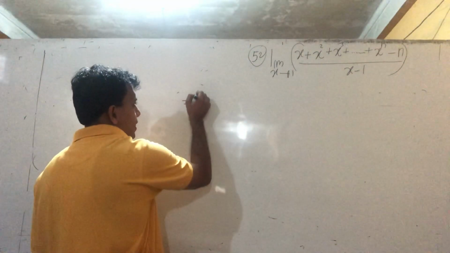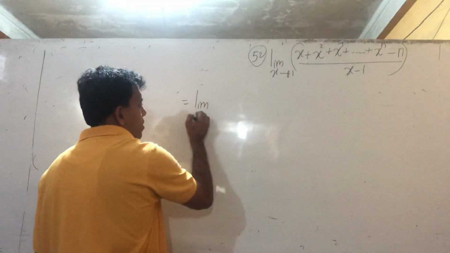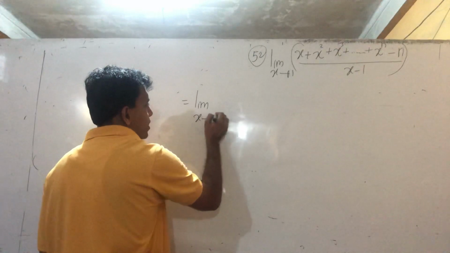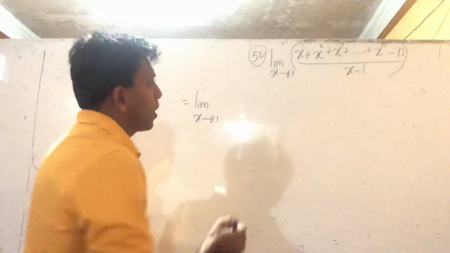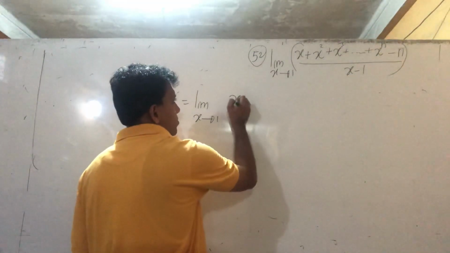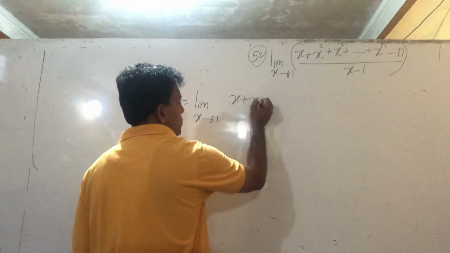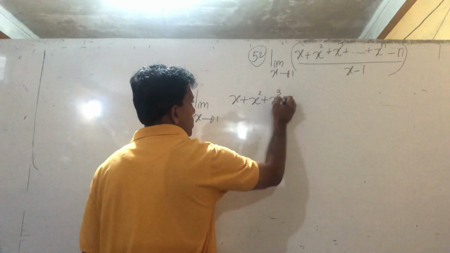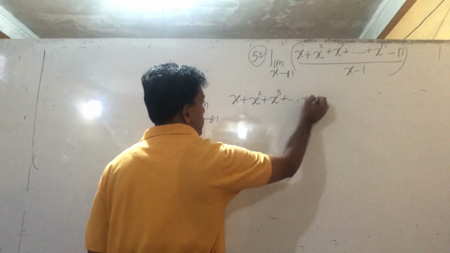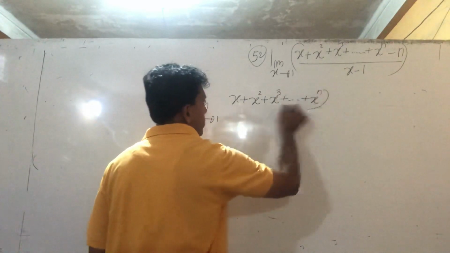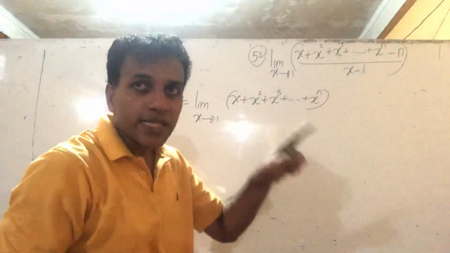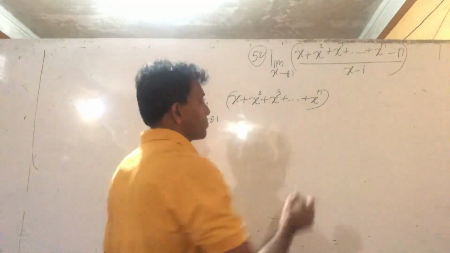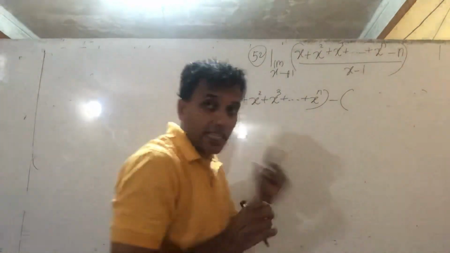See that method. It's an algebraic limit, not trigonometry. x plus x square plus x cube and so on, x to the power n. See the minus n, can I write? That's the tricky part of this question.